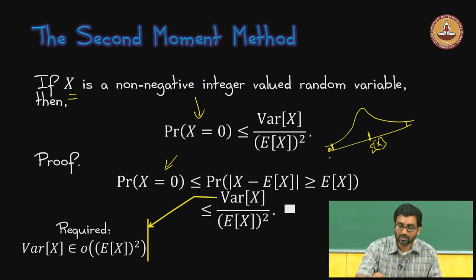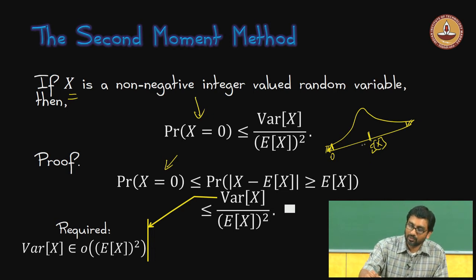Okay. This is the 0 mark. So, it bounds the event x minus e of x greater than or equal to some parameter a, right. In this case, that parameter is nothing but e of x itself, right. So, in here this is also e of x here.